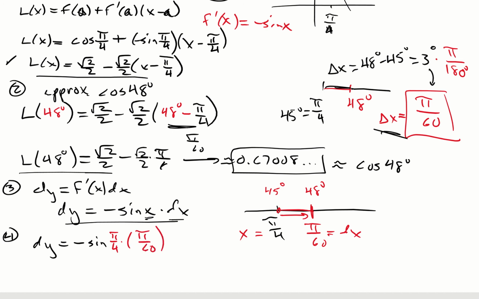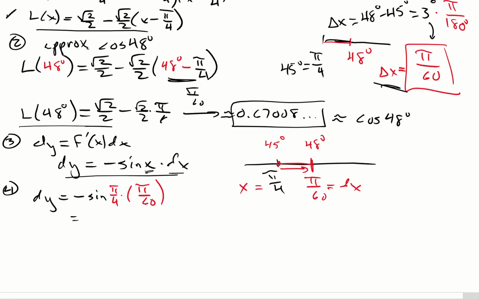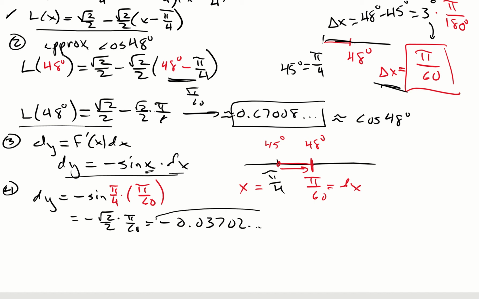That means we have a negative radical 2 over 2 times pi over 60. When you plug that in, I got a negative 0.0370, 3702, and it kept going. I'll box that in and say, there you go.